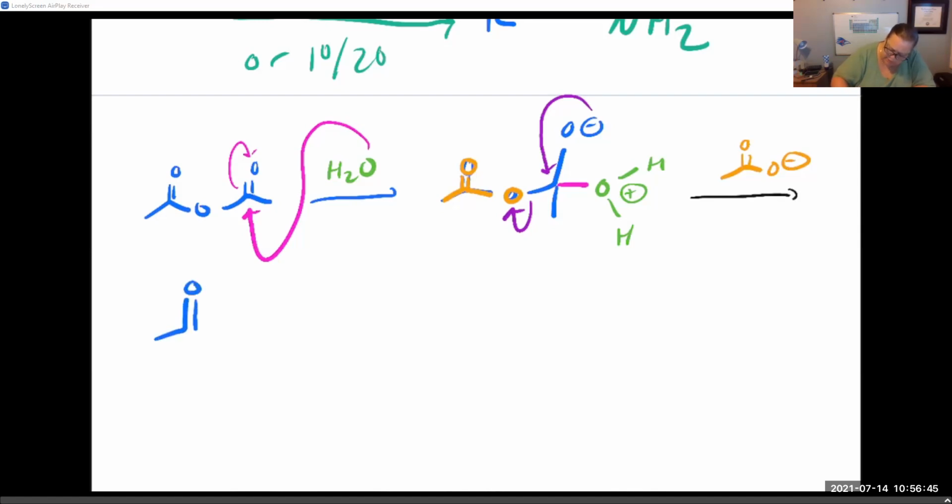New bond. Water. Still attached. Still positive. And since I don't have a base, the acetate will be the species that deprotonates and forms my final product. Simple, right? Simple.